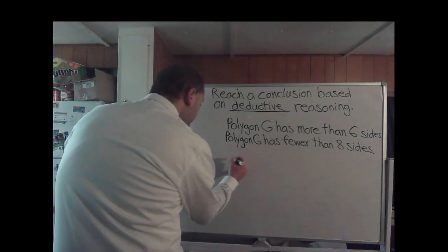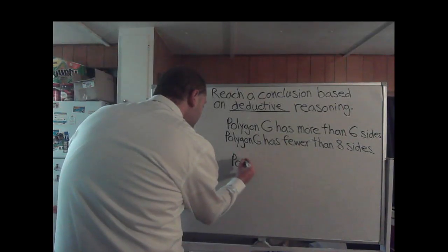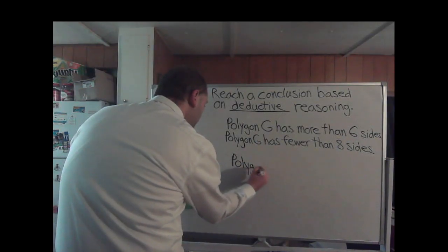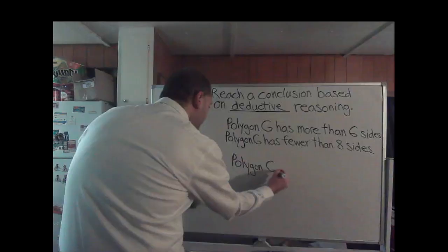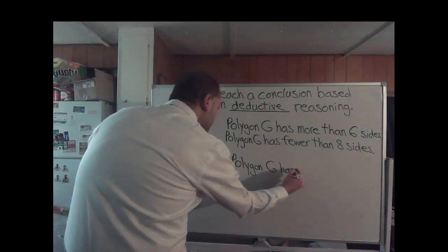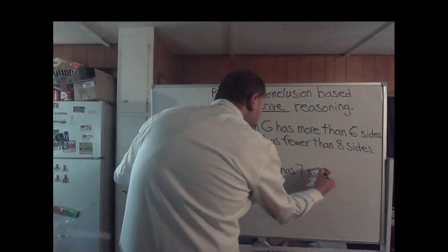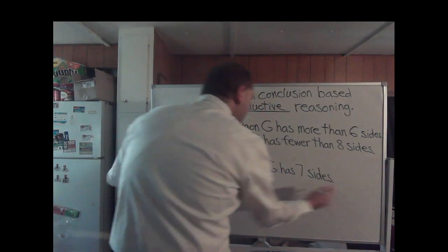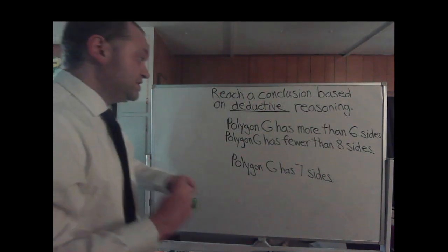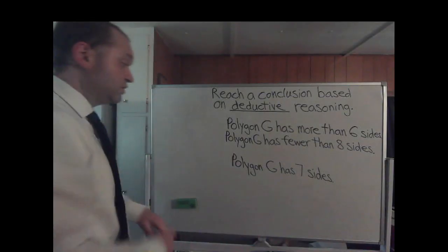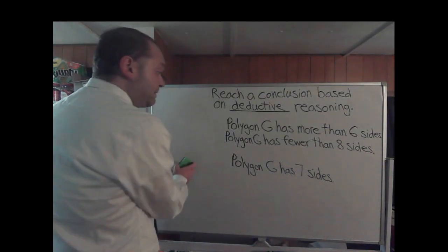So the only logical conclusion based on deductive reasoning would be that polygon G has 7 sides. So in other words, it would be a heptagon. So polygon G has 7 sides would be the only logical conclusion that we could reach out of this.